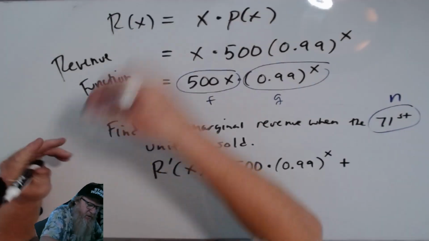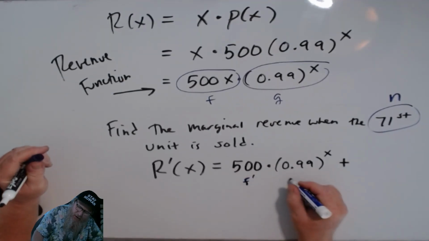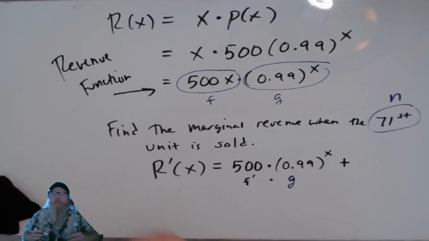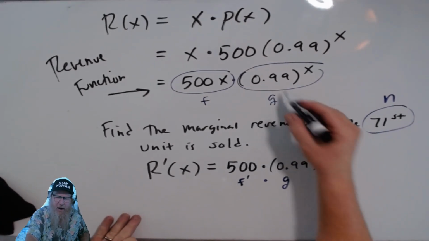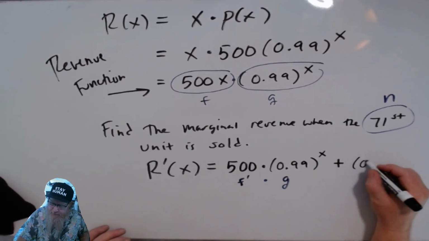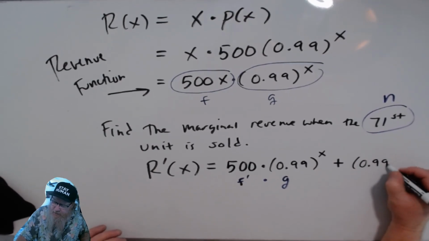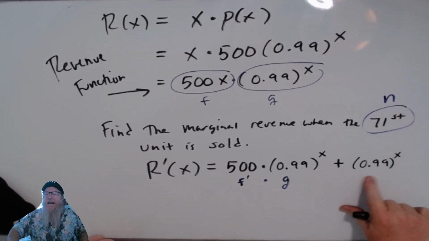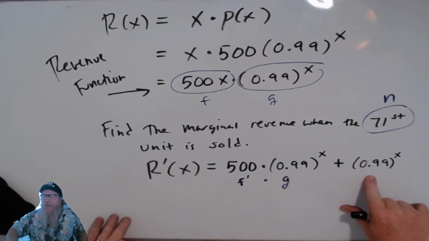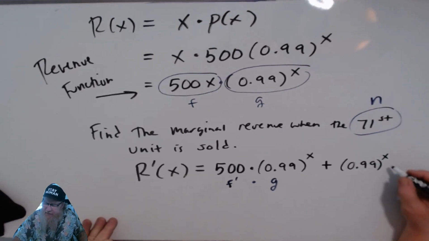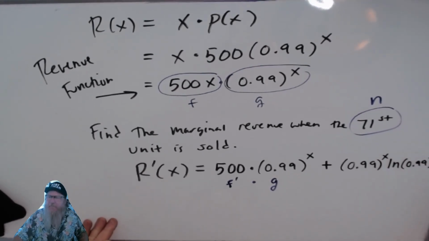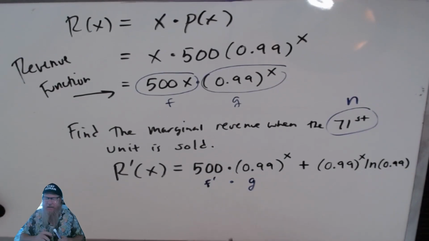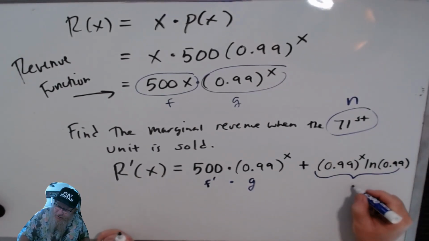Maybe I'll write it out one more time, f prime and g. Okay, now we're going to do g prime. Now, g prime was tricky. It was one of those rules, and this is not e. This is a base a, I guess. So because it's not e, you have to add in the ln of 0.99. So all of this is g prime.